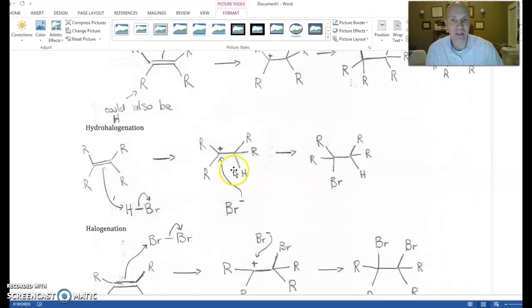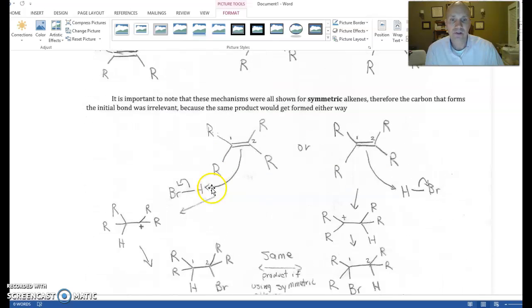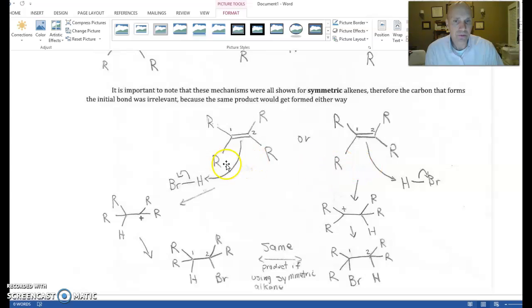Notice that bond was always made to the right carbon, but we could have made that initial bond to the left carbon. So I'm just going to show the mechanism for the two different situations. Here we're going to make that initial bond to the left carbon. Here we're going to make it to the right carbon.